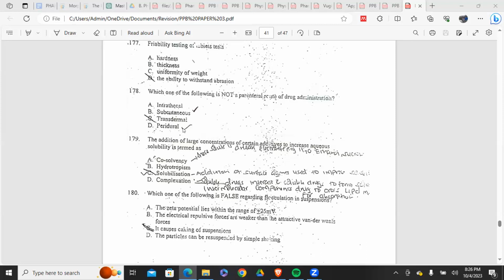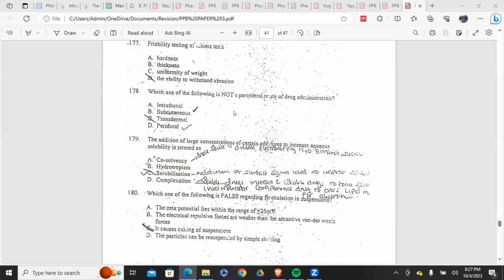I guess wanataka kutrick. So hizo zingine zipo. Hata transdermal ni parenteral. Peridural iko.